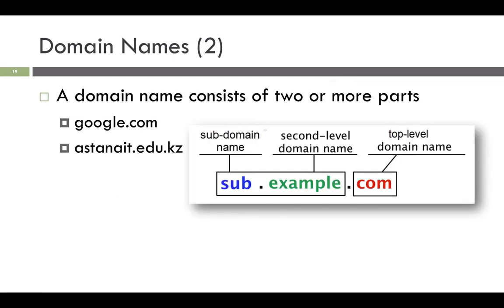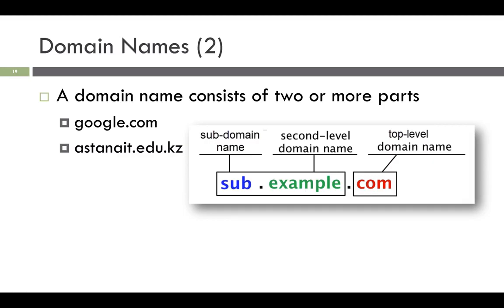A domain name consists of 2 or more parts, such as google.com or astana.it.edu.kz. The rightmost label is the top-level domain, which is .com or .kz in this example. The next part is the primary domain name, such as Google or edu. However, we typically refer to domain names with the primary domain and TLD, such as google.com or edu.kz.